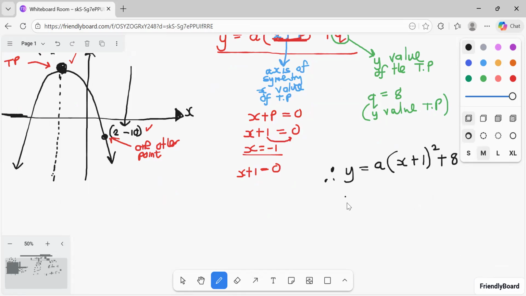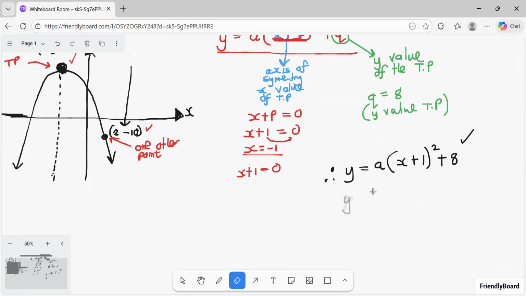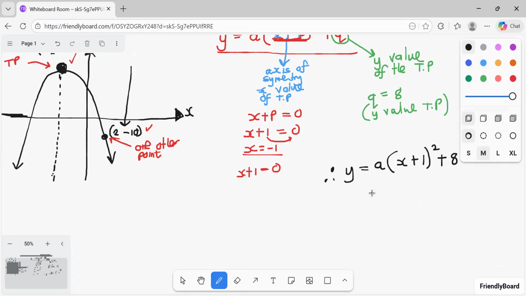So that's what I'm going to do. Instead of writing y, let me just sub in the point. The point that is on the graph is 2 and negative 10. So my 2 is my x, and negative 10 is my y.